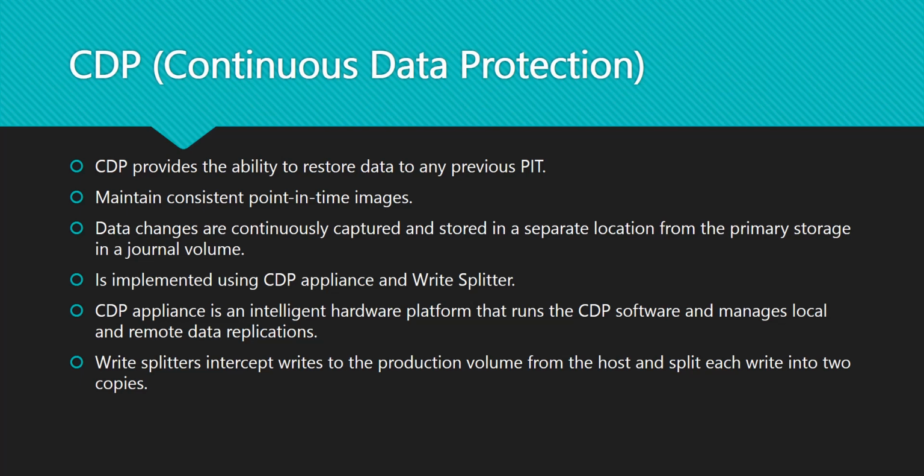The main task of the write splitter is to replicate the writes to the production volume and to the CDP. In case of local replication, CDP is implemented at the host side only. In case of remote replication, CDP is implemented at the source and at the destination side as well.